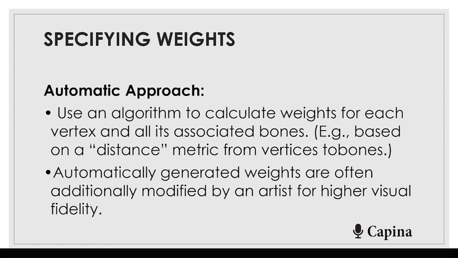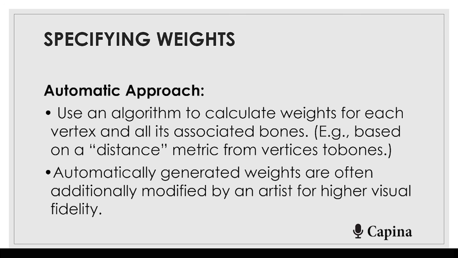So next is the automatic approach. Use an algorithm to calculate weights for each vertex and all its associated bones. Example given is based on a distance metric for vertices to bones. So sa part na 'to, pumapasok na yung calculation ng weights by the use of algorithms.